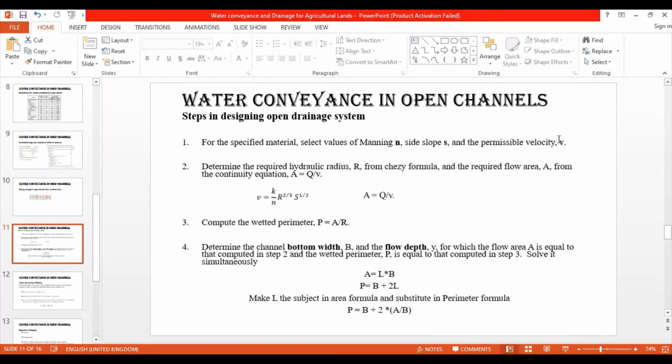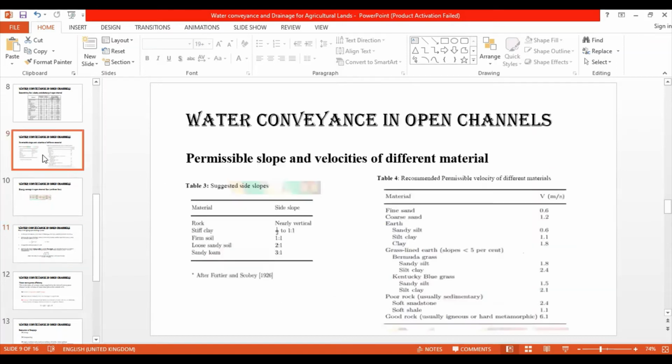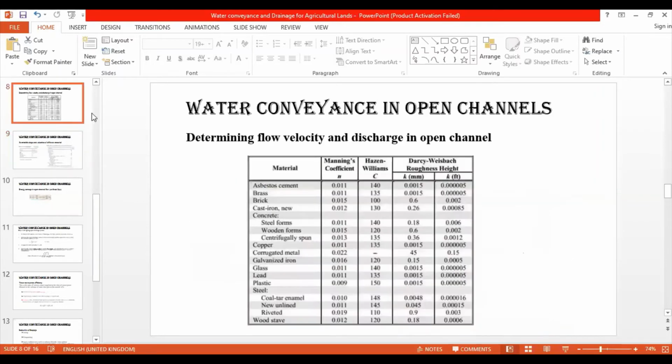These ones, you get them from literature, the tables that we had. For example, if I go back here, you can easily get the suggested slope for different materials, as well as the velocities. Then you can also get these coefficients for different materials that you're going to use for lining your channel.